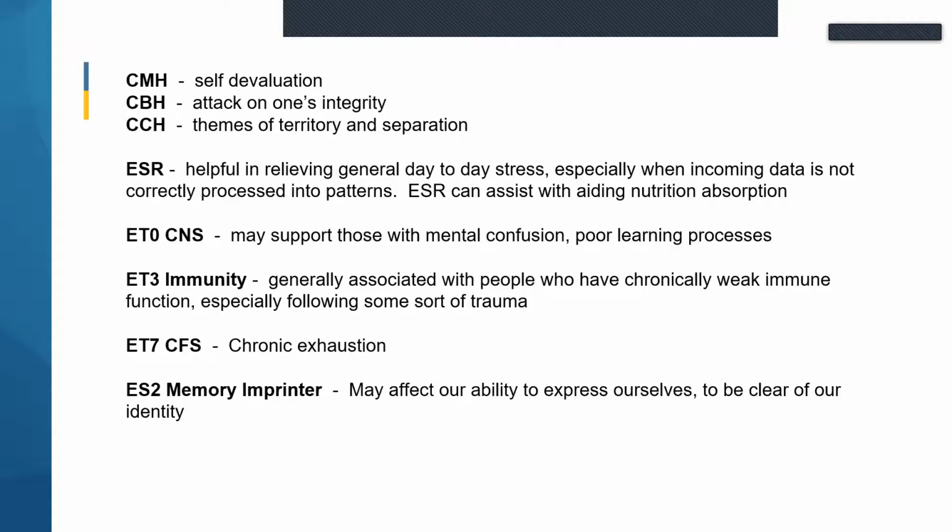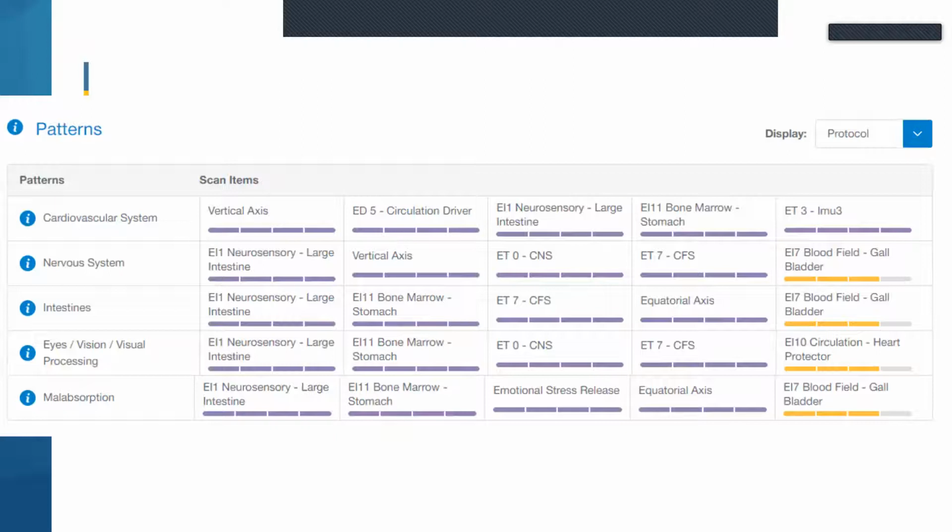They've got chronic exhaustion, okay, and memory imprinter about being clear of our identity and how we can express ourselves. So this is what I was able to share with her. When we looked at the patterns within her scan, so this is where it can help, if I look at the pattern before I start going to the scan, and there's no reason why you wouldn't do that.